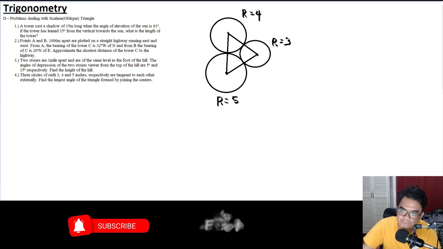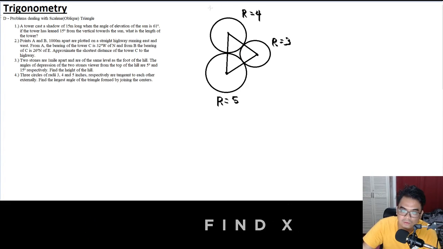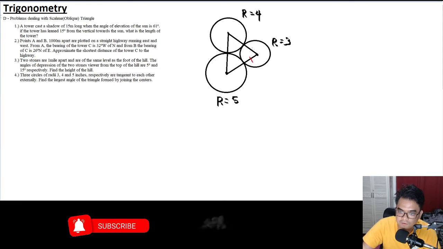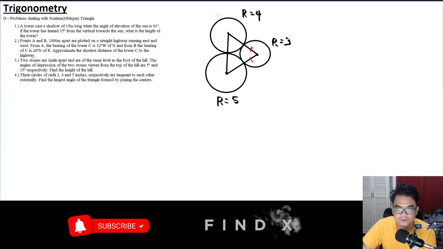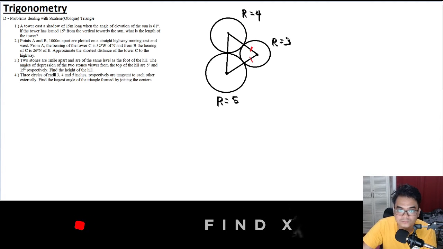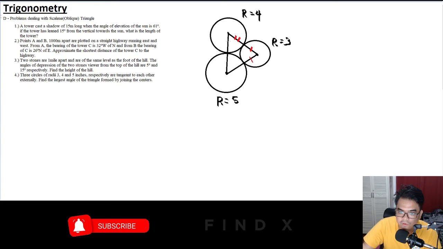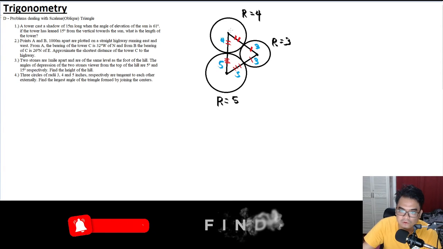As you can see, this line and this line are radii, right? And these are also radii, and these are also radii. Therefore we can say that this is 3, 3, and then this is 5, 5, and then 4, 4.